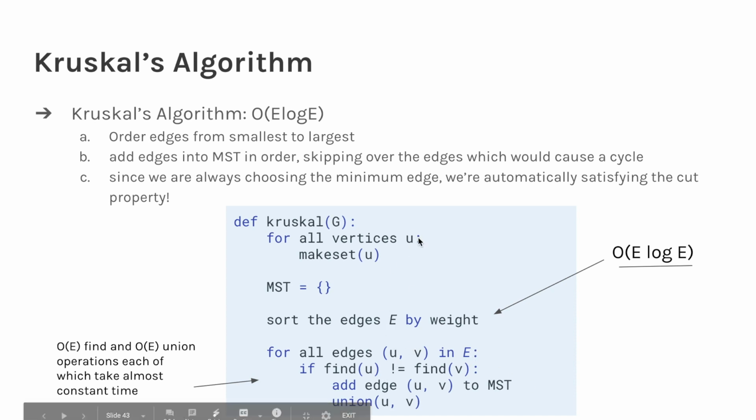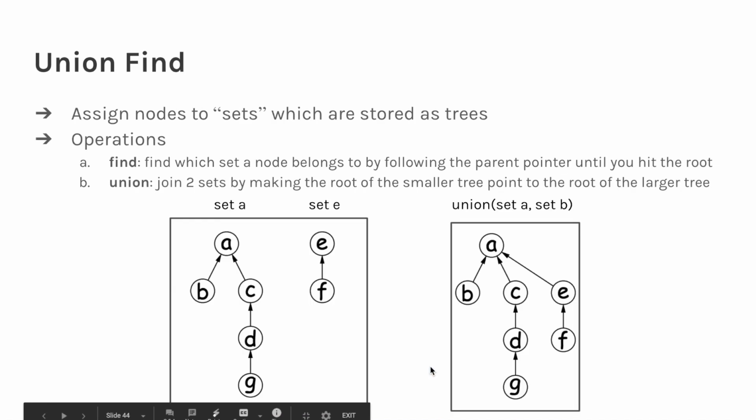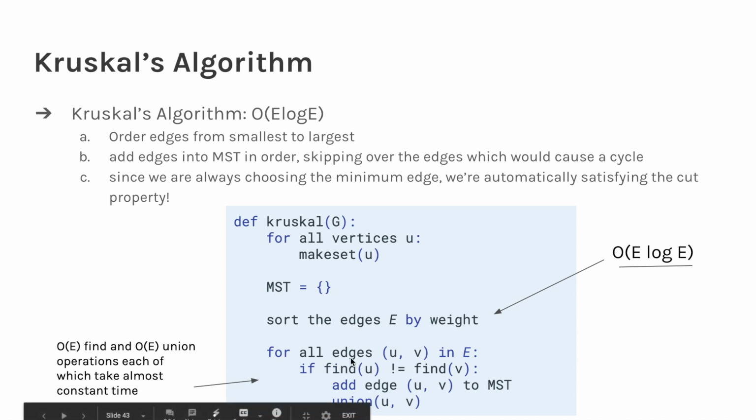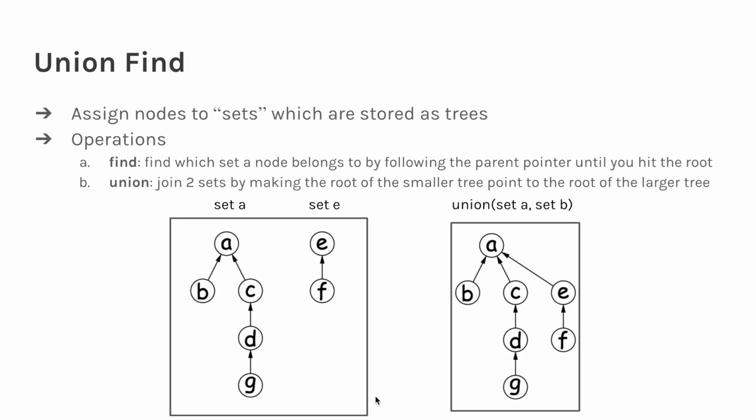Once we add the edge to the MST, you union together the two vertices so that in the future you check if the two vertices are part of the same connected component. If they are, then you don't want to add that edge because you'd just be creating a cycle. So we have this find operation which finds the set it's part of, and this union operation which connects two elements to be part of the same set.